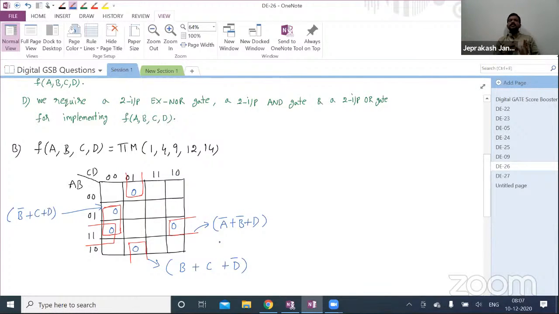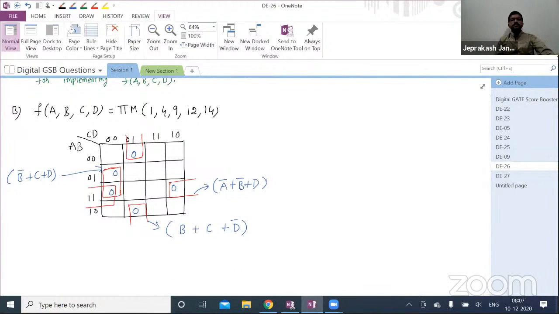Is it clear, everyone, how to write the sum terms? Sum terms and max terms, the convention is same. Min terms and product terms, the convention is same. Whatever convention you follow regarding min terms or product terms, exactly opposite you have to consider for max terms or sum terms. Whenever you group max terms, you will get sum terms. After that, you have to multiply. That will be POS form.